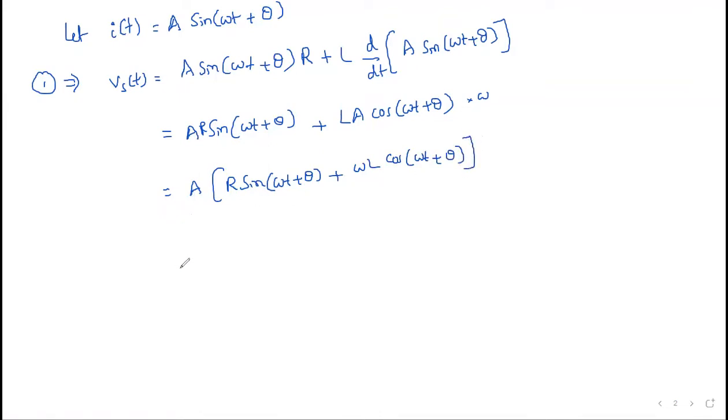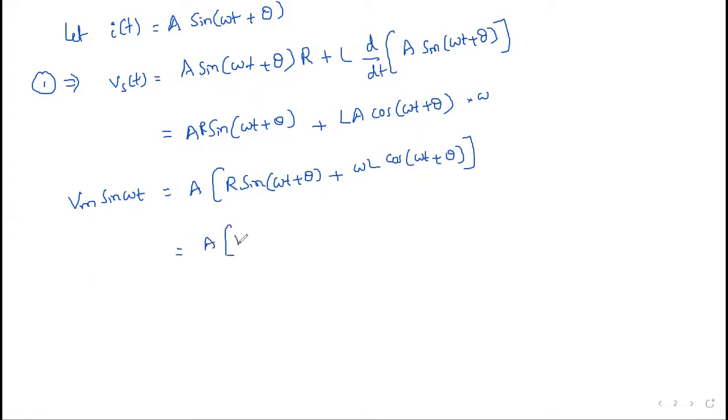Okay. And this is equal to Vs of t, right? What is Vs of t? Vm into sine omega t. Now I will expand this cos of omega t plus theta.